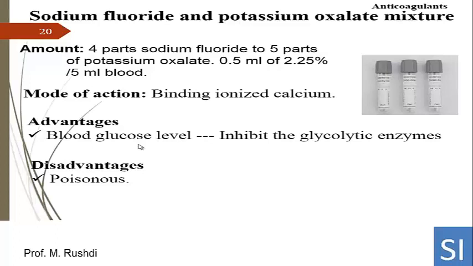Sodium fluoride is the anticoagulant used for collection of whole blood samples for determination of plasma glucose level. All the anticoagulants act by binding ionized calcium except heparin, which acts by inhibiting thrombin.